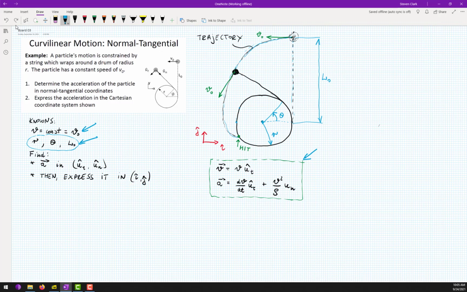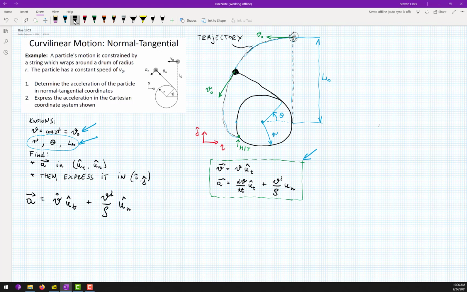So let's do it. First, let me write down this expression: a is equal to v dot ut plus v squared over rho un.